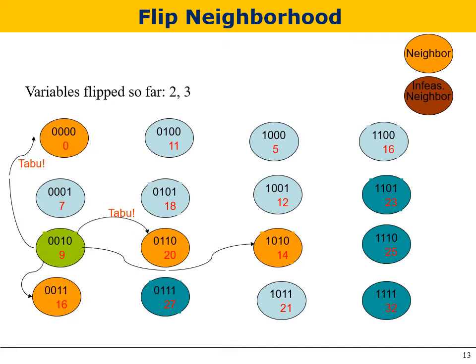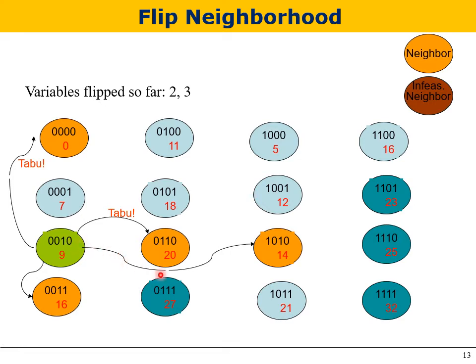Now this is our current solution. We will generate its neighbors, and again there are 4 neighbors depending on what we are flipping. If we flip the third one, we will reach this solution, but 3 appears in our list, so this neighbor is taboo. If we flip the second decision variable, we come up with this solution, but 2 is in the list, so it is also taboo.